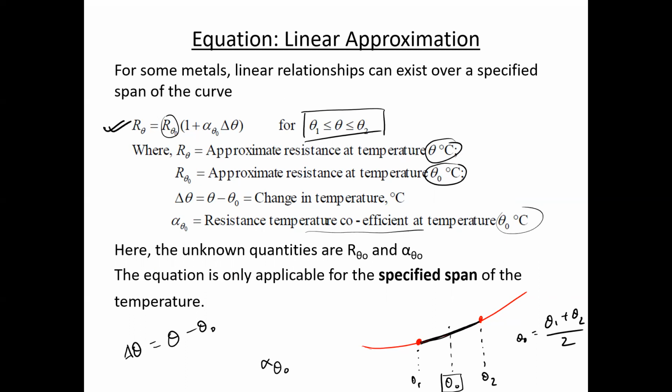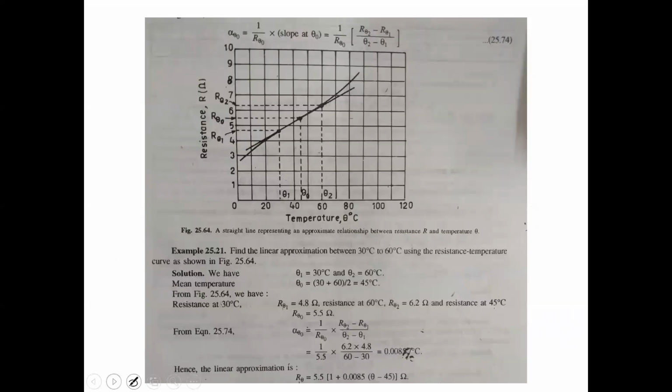In this particular case, the unknown quantities are R theta 0 and alpha theta 0. For a particular range of operation from theta 1 to theta 2, if these two values can be determined, then an expression for R theta can be developed, where for different values of theta, the value of R theta can be easily determined.